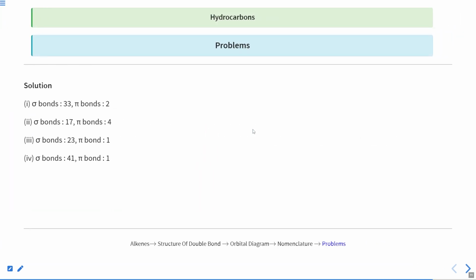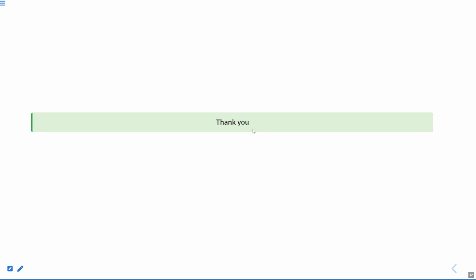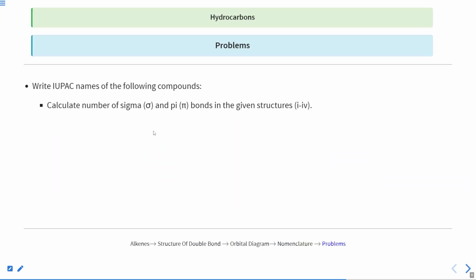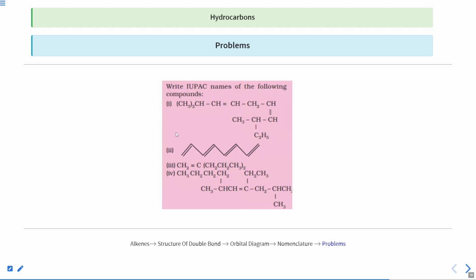So the first way is to count from here: 1, 2, 3, 4, 5, 6, 7, 8, 9, 10. Now, which side should we start counting from?